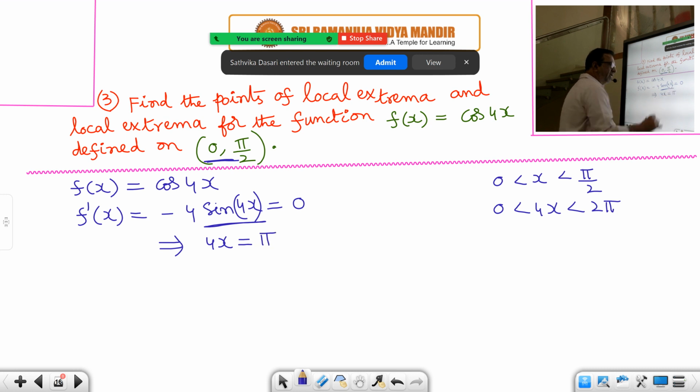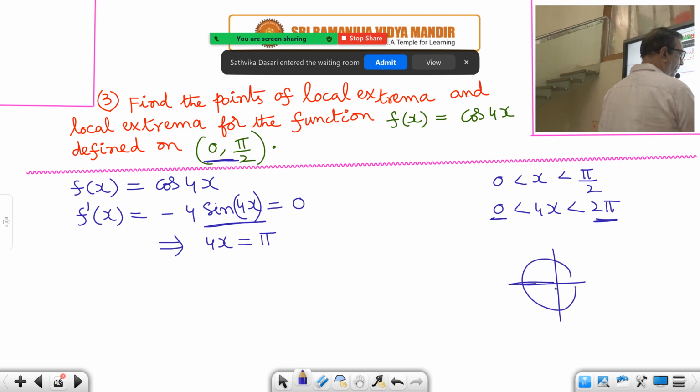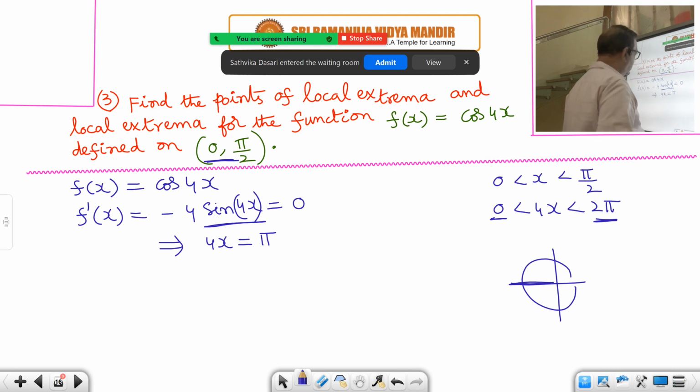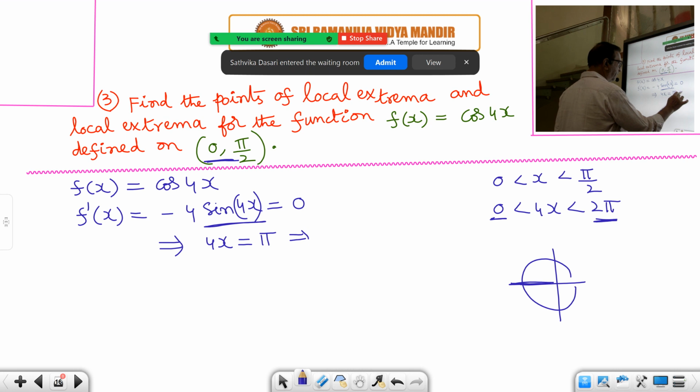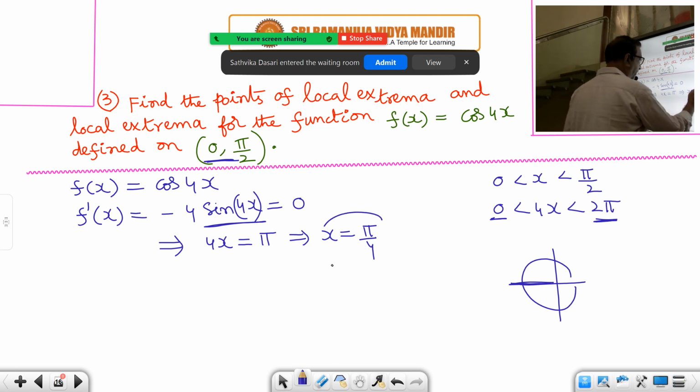That is the only value, is it not? Yes, sir. 0 and 2 pi are open, we cannot equate them. So in 0 to 2 pi, only one value is pi where sin 4x is 0. So 4x must be pi, implies x is equal to pi by 4. x is equal to pi by 4 is the only stationary point.